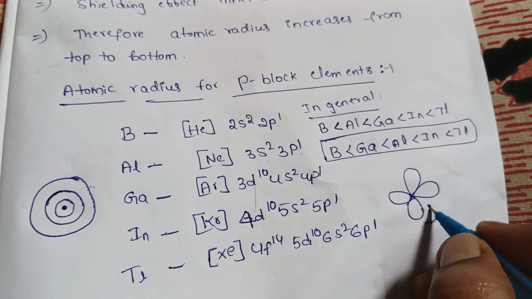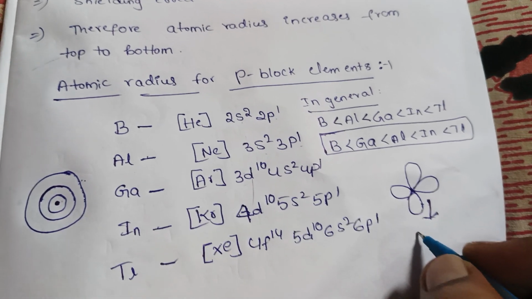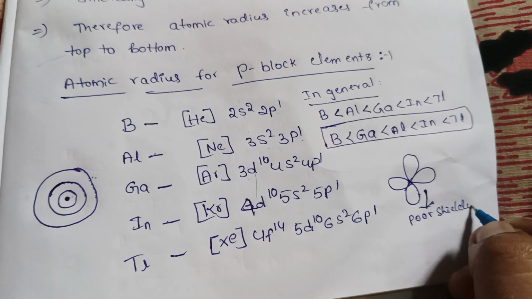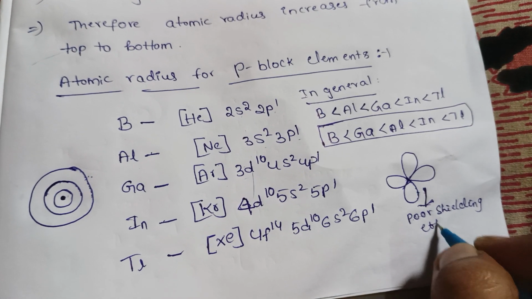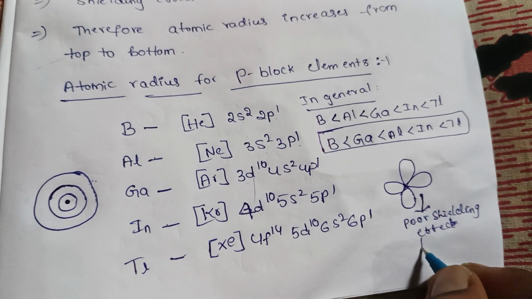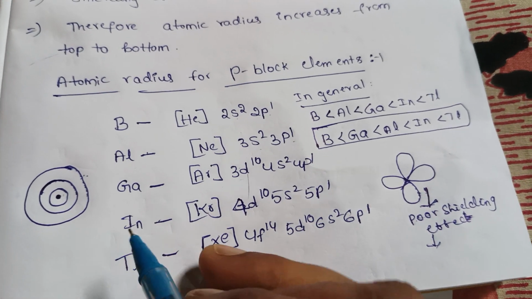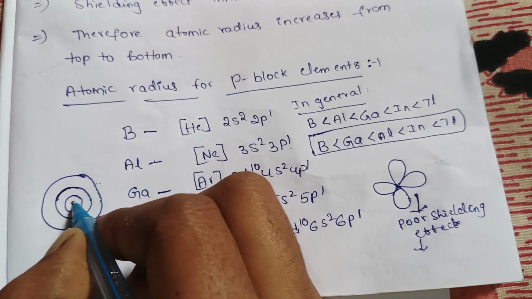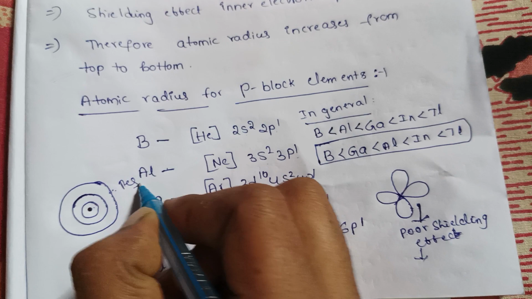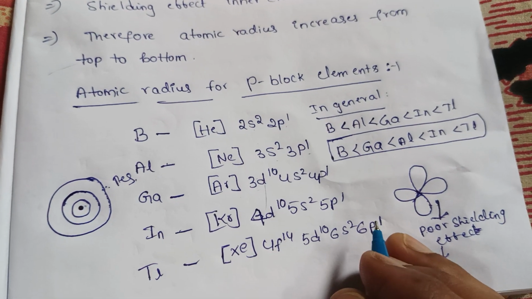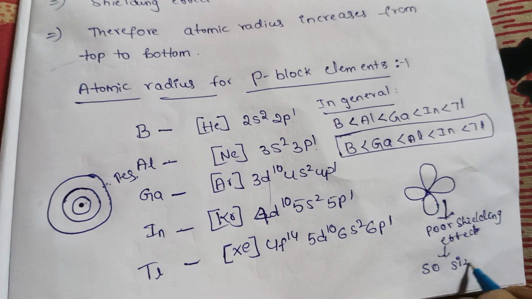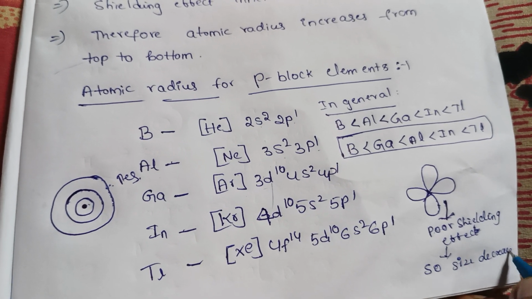But here the lobes are diffused, so the shielding effect is poor. Attraction between the nucleus and the valence shell increases. So size decreases.